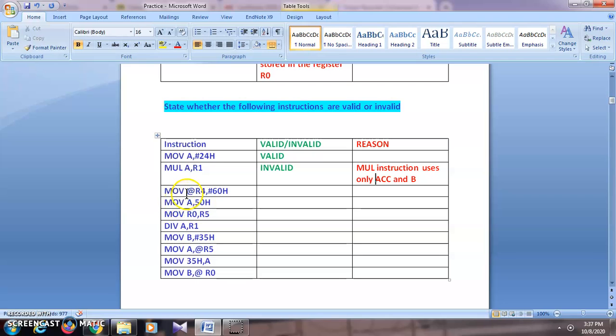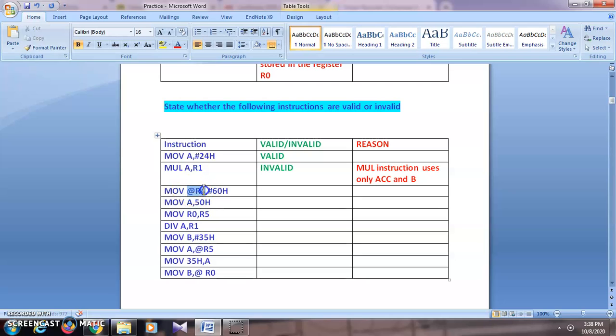Next one, MOV @R4, #60H. The data value #60H is to be moved to @R4, that is indirect addressing mode. So this 60H is to be copied to the memory location which is stored in the register R4.